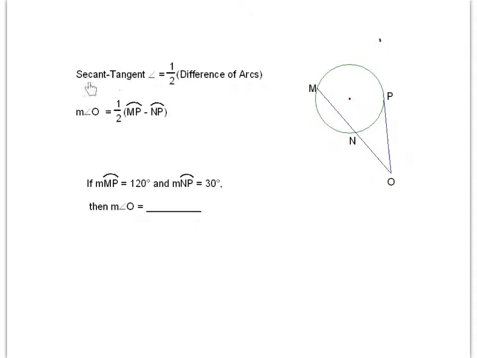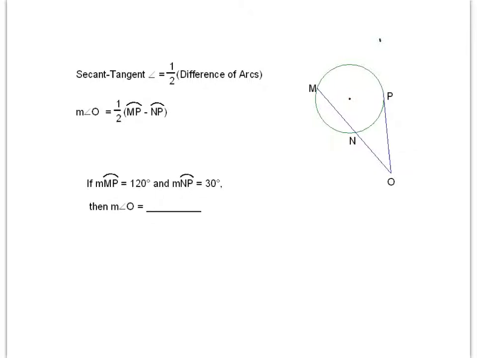In the secant tangent, again, the secant tangent angle is equal to 1/2 the difference of the arcs. So this arc minus this arc, divided by 2, is going to equal the measure of my angle. Measure of angle O equals 1/2 arc MP minus arc NP. So let's label.